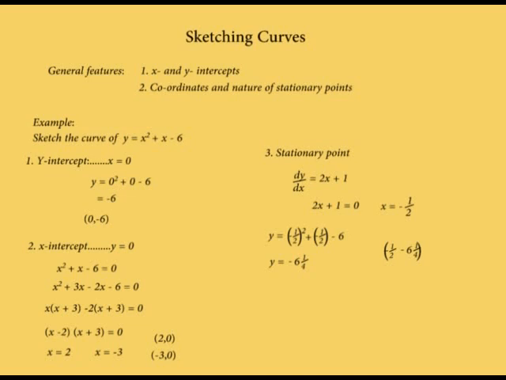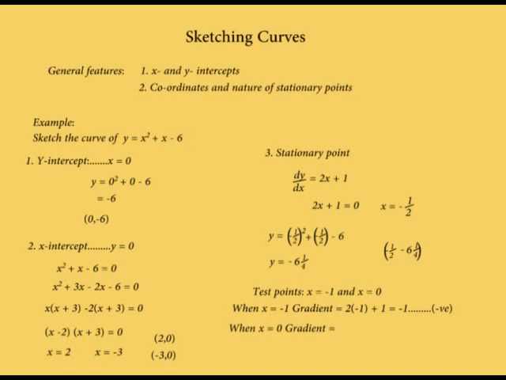Nature of the curve. When x is equal to minus a half, the gradient will be 0. We test the gradient at the neighborhood. We test x is equal to minus 1 and x is equal to 0. When x is equal to minus 1, gradient will be 2 times minus 1 plus 1, giving us minus 1, so it's negative.